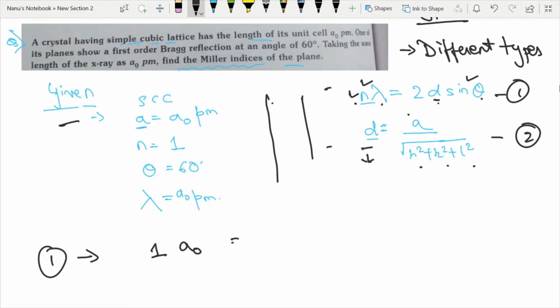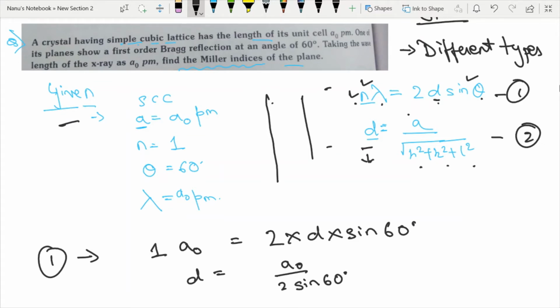So I'm just writing A0 = 2 d sin theta, sin of 60 degrees. From this we can say that d is equal to A0 by 2 sin 60 degrees.